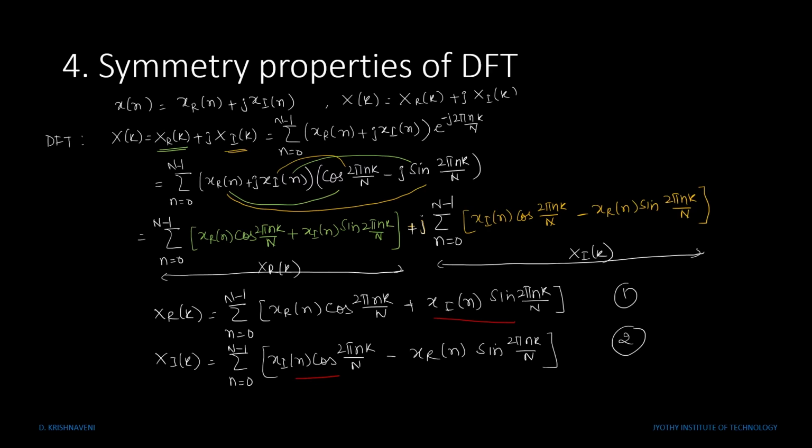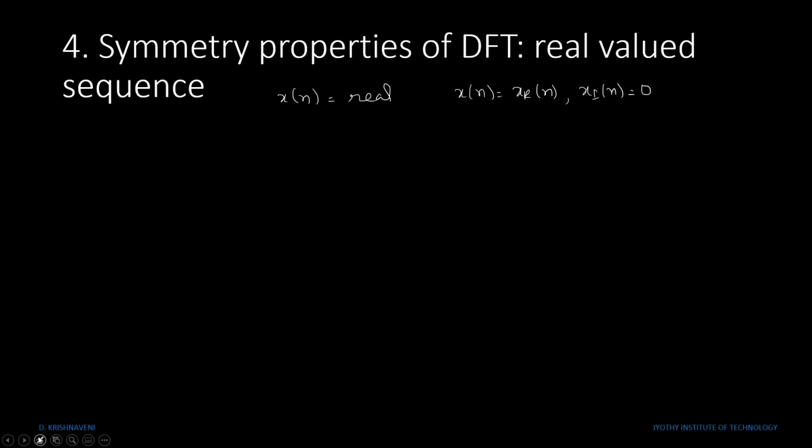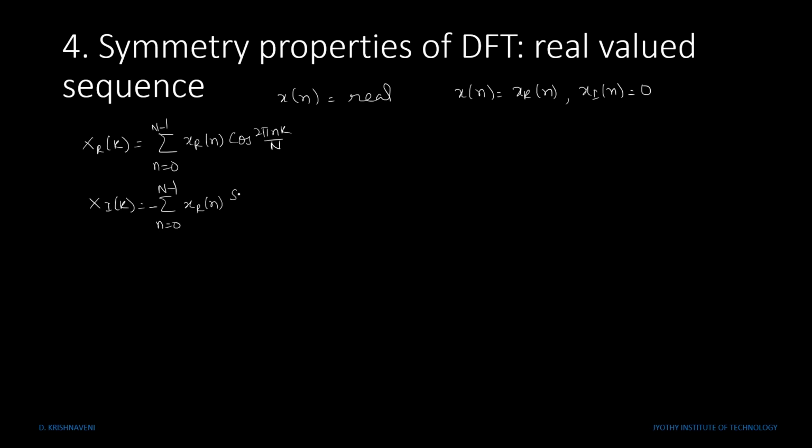So we will have xr of k equal to summation n is equal to 0 to n minus 1 xr of n cos 2 pi nk by n, and xi of k equal to summation n is equal to 0 to n minus 1 minus xr of n sin 2 pi nk by n.